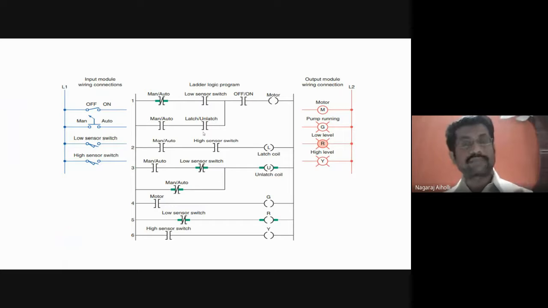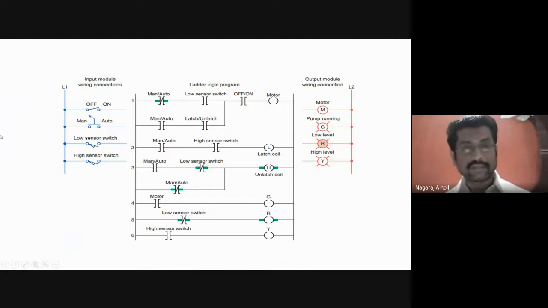For that purpose we use latched coils or unlatched relay coils. We latch that bit and want to retain it, even after the manual or auto mode or the sensor switches have been released. So for that sake, we are using the parallel branch here.